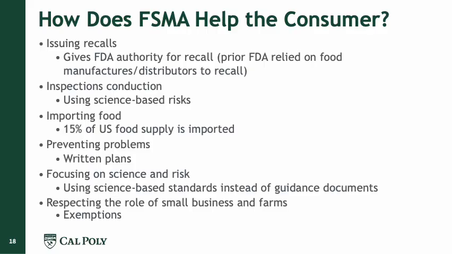It also has the opportunity to have written plans to prevent problems, and they use a lot of scientific evidence to guide the documentation and to guide this prevention of outbreaks from happening. And also there's a respect for small businesses and farms, because there are exemptions. Depending on the type of business, you have to follow specific guidelines on how often you have to conduct specific types of tests related, for example, with water use for the production of crops, how crops are handled, pesticides, and all that.